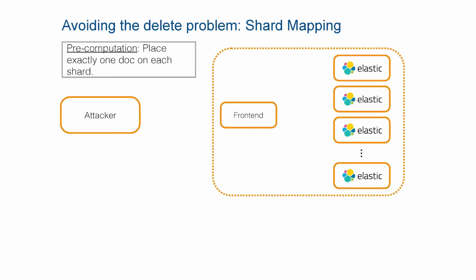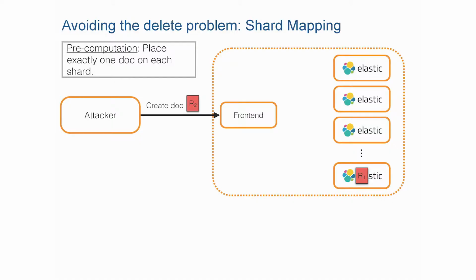What we're going to do is something we call shard mapping, where we want to, over time, just using this interface, place exactly one document on each shard, so that we know which documents are on different shards. Say if there are n shards, we'll come up with a set of n documents that we know are placed on different shards, and then we'll use that as a second, faster phase for carrying out the attack.